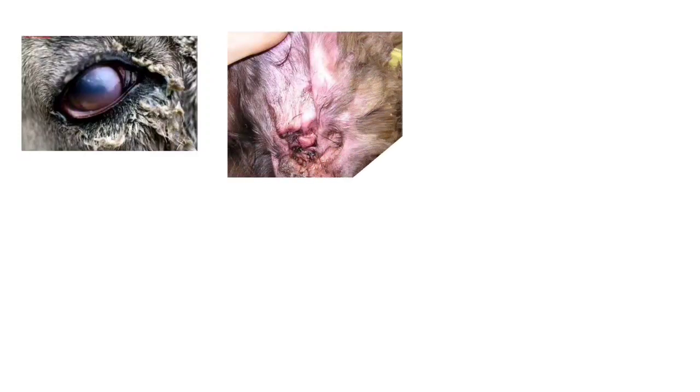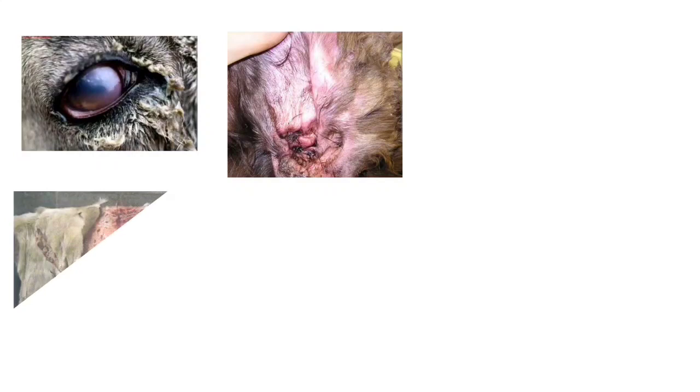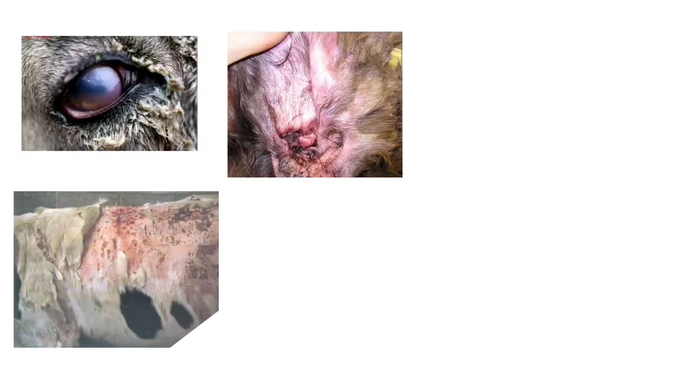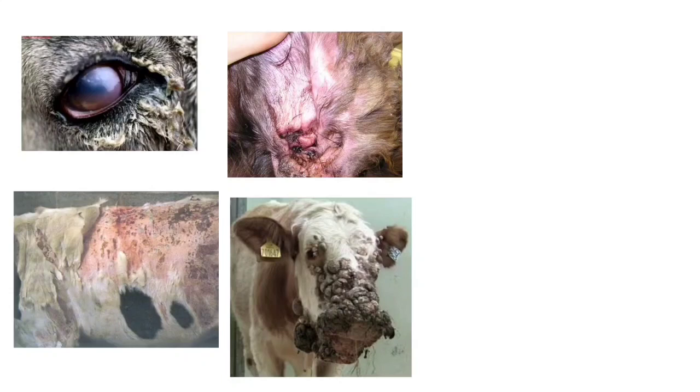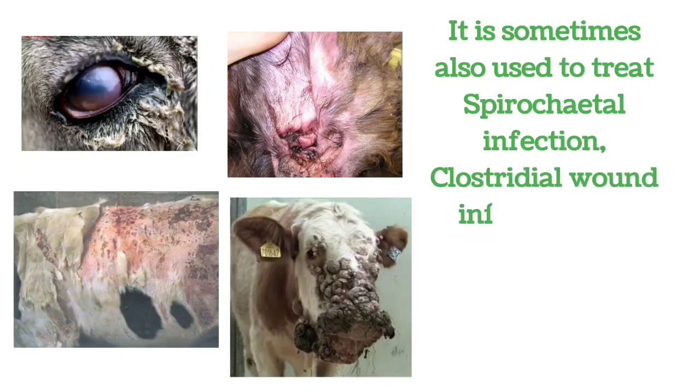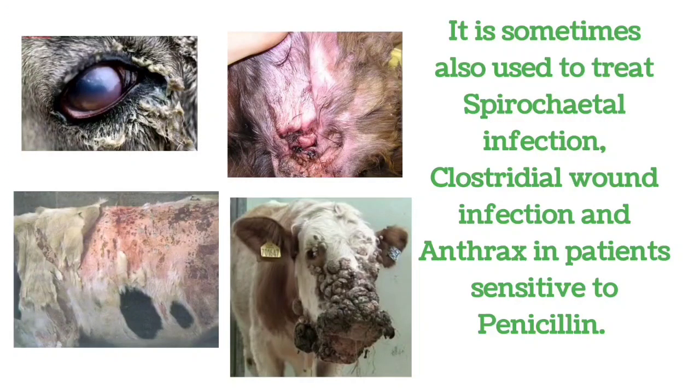Oxytetracycline is widely used in veterinary species for treatment of various infections caused by susceptible organisms. Oxytetracycline is used to treat infections of the respiratory and urinary tracts, skin, ear and eye, although the use of tetracyclines for such purposes has declined in recent years due to large increases in bacterial resistance to this class of drugs.